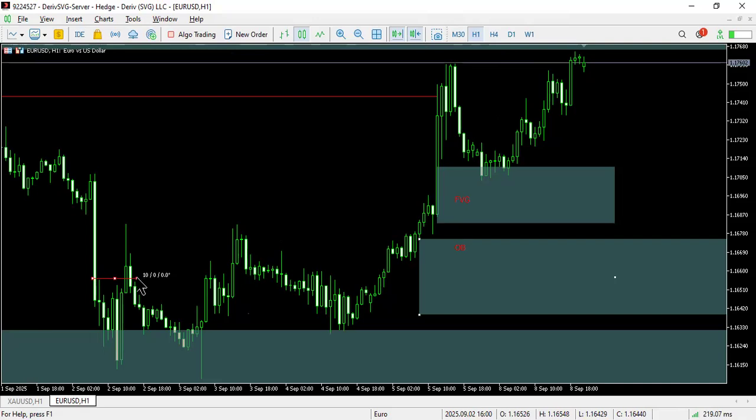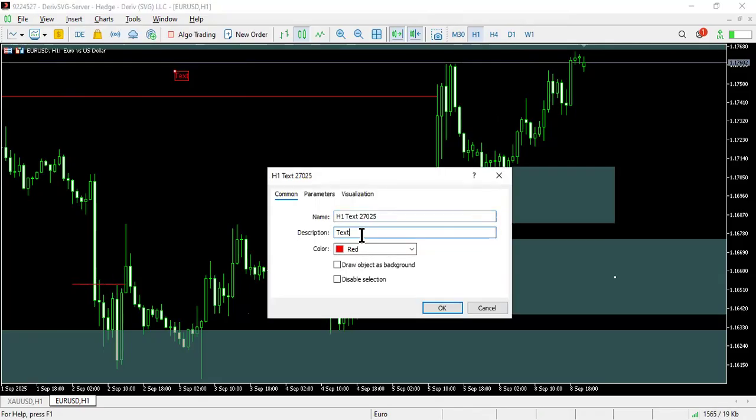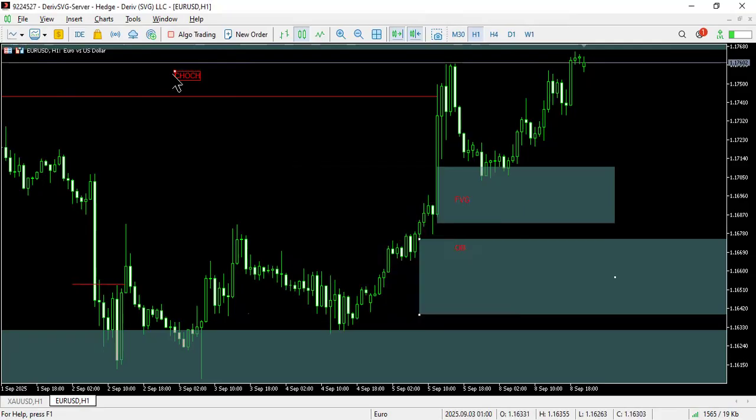So on EURUSD, there was a change of character at that level. So that was the change of character. Price changed from buying to selling.